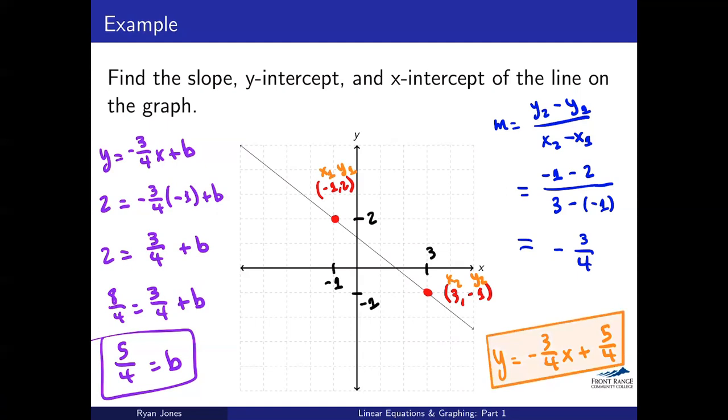Then once we had the slope between them, we had to actually go through and use one of those points on the graph to actually find the value of that y-intercept right there. And at this point, we still don't even have the x-intercept yet. And so there's got to be a quicker way of doing this.